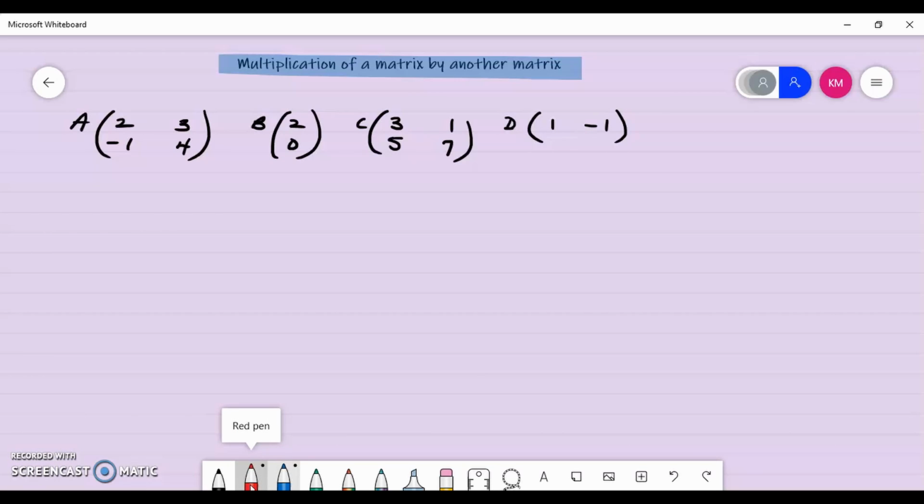Before explaining how to go about multiplying a matrix by another one, I need to determine the order of my matrices. So I'm going to list here the order of each of these matrices. Remember, the order tells us how many rows and how many columns each of our matrices has.